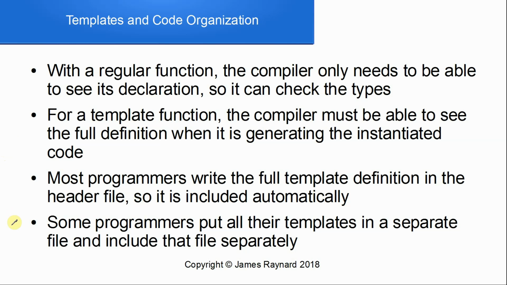So you may have a file called .inc, which has all the template definitions, and then they just put the prototype for the template function in their header file. It's a matter of taste really. Personally, I prefer to do it this way. I suppose there is the argument that if you put the template definition separately, then whoever's using the header file can't look at the definition of the template function. So maybe that's an advantage.